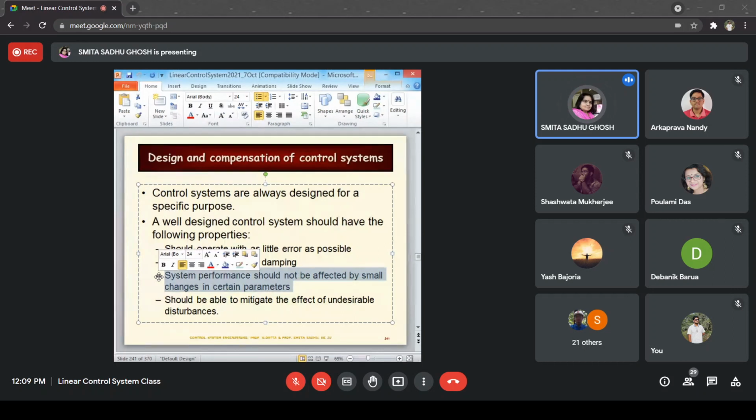I mean, you will have a physical system. So when you are doing the design, naturally you've considered some values for the parameters, and you've done your design. Now when you are actually applying the compensator to the actual field, meaning to the physical system, then the physical system parameters in the actual case may be changing.